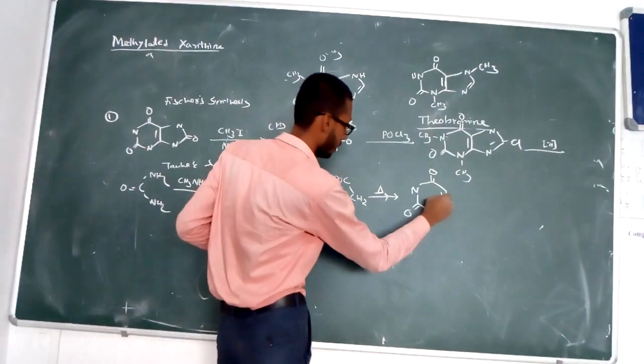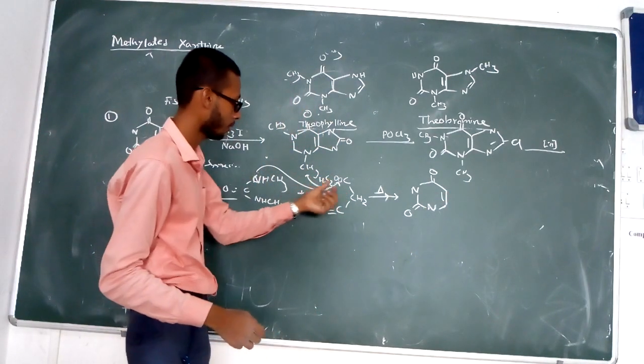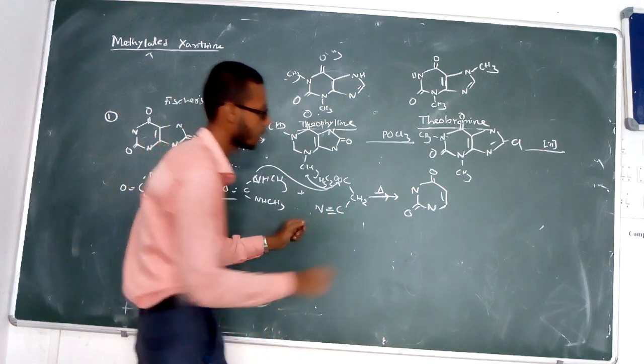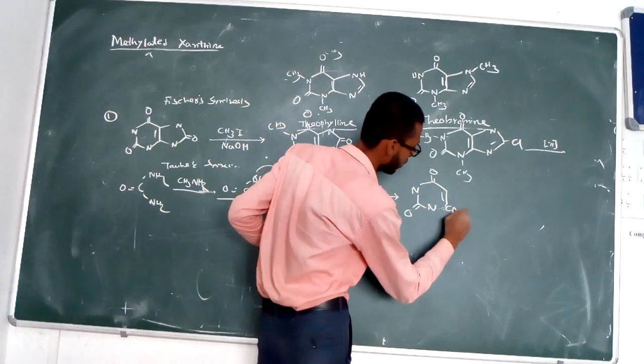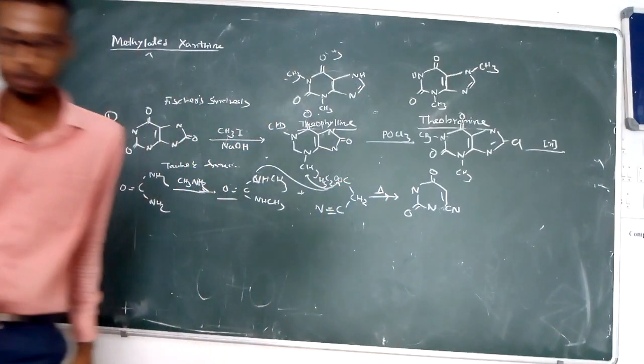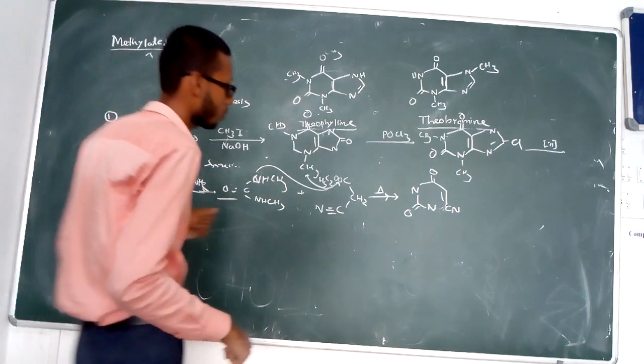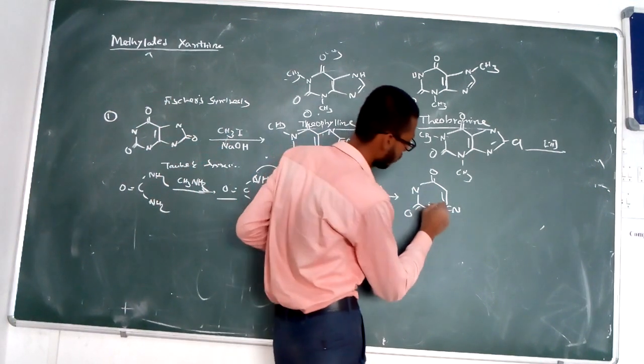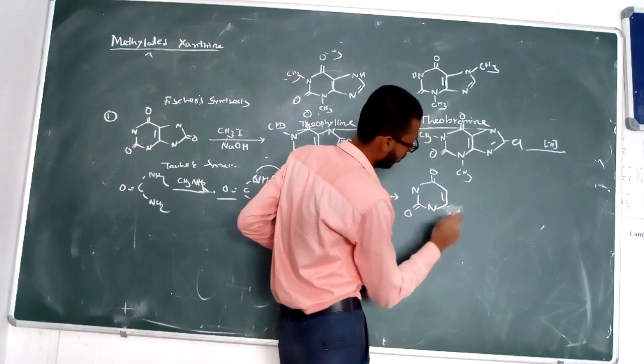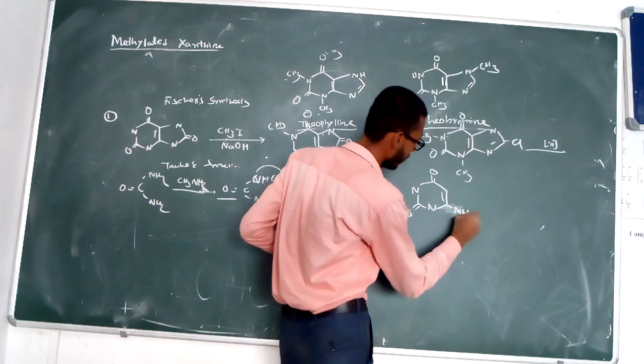Now coming to that, there is the CH2Cl. Here the Cl primarily reacts in the presence of sodium amide. In the presence of sodium amide, this one easily forms, and this nitrogen forms NH2.